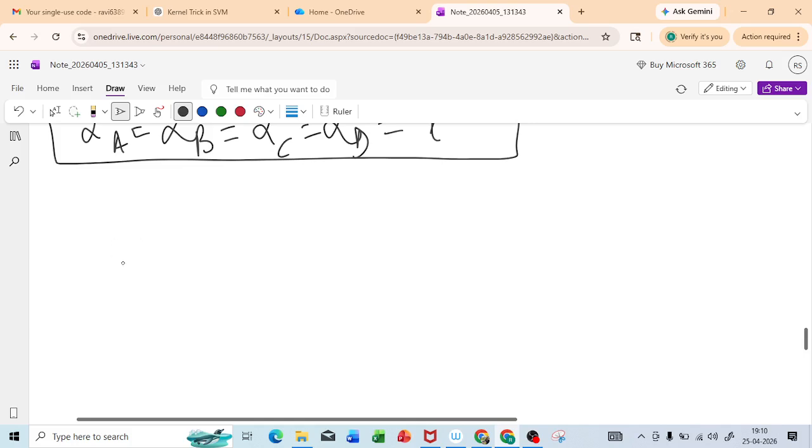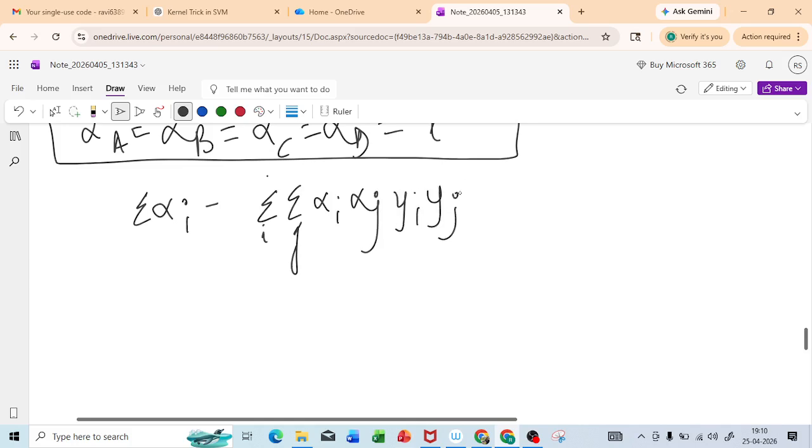So if we look into the dual optimizer, what we had was summation of alpha i minus summation over i, j of alpha i, alpha j, y i, y j, into kernel of x i, x j.